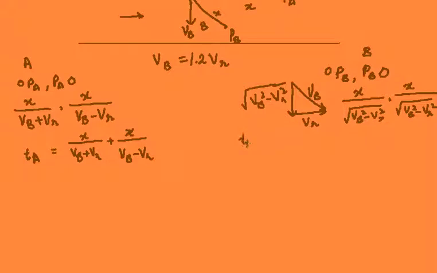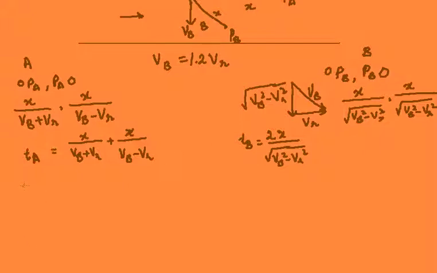In the same way, TB is equal to x by root over Vb square minus Vr square, and 2 times the same time, so 2x by root over Vb square minus Vr square.